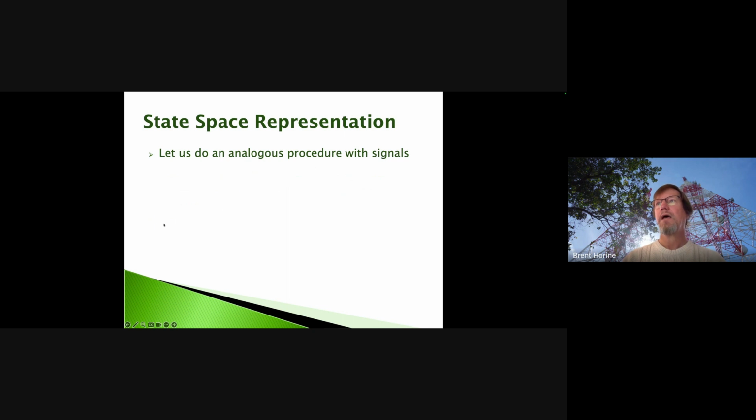All right, so let's do an analogous procedure with signals. Now here we've got this same type of thing, except we are, for now, dealing in the continuous domain. And so we need to use an integral instead of a summation, but we do that from minus infinity to positive infinity.